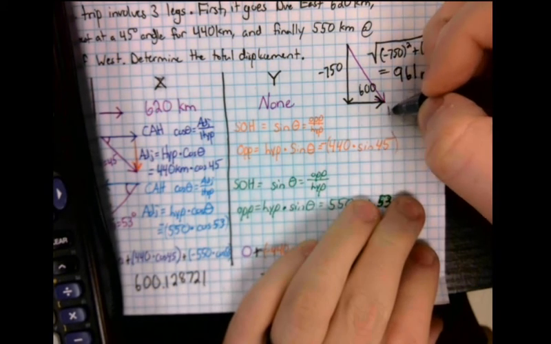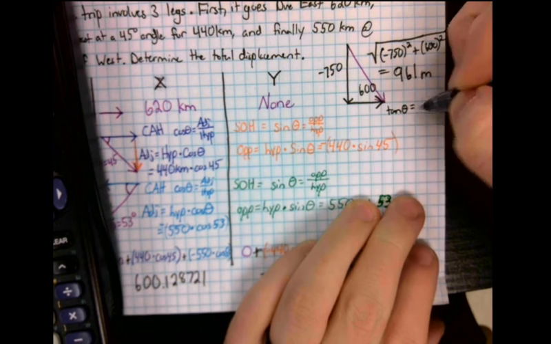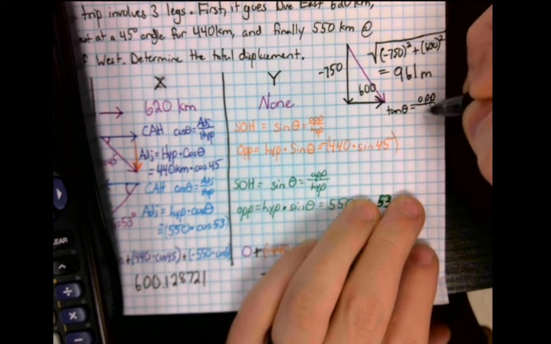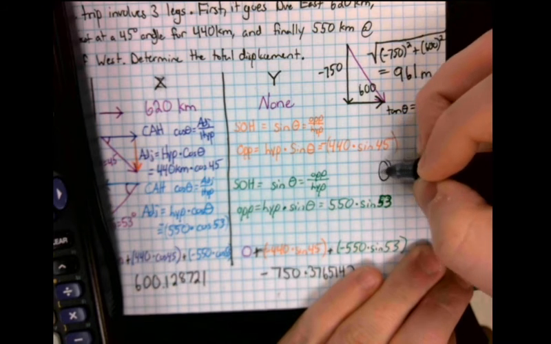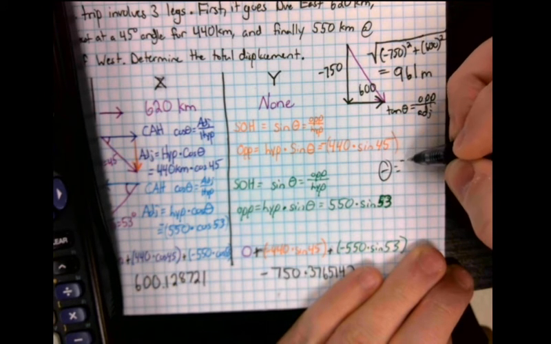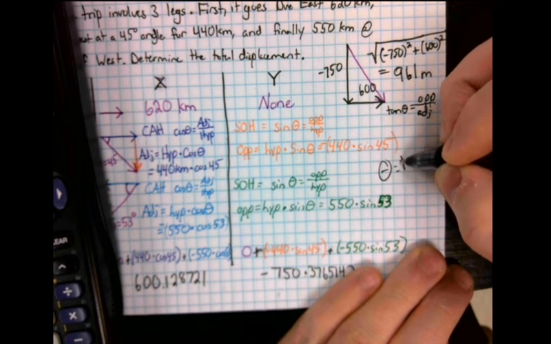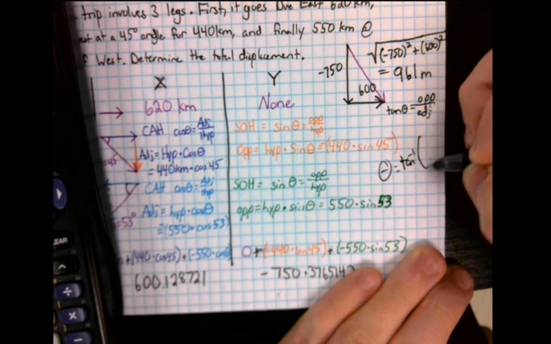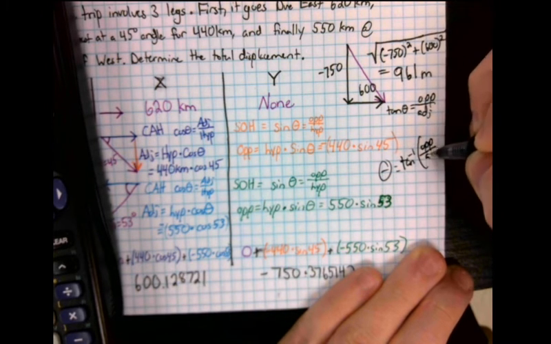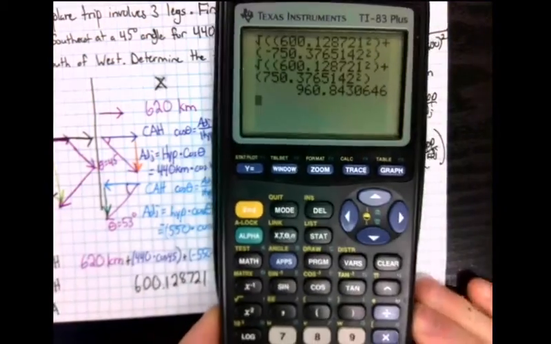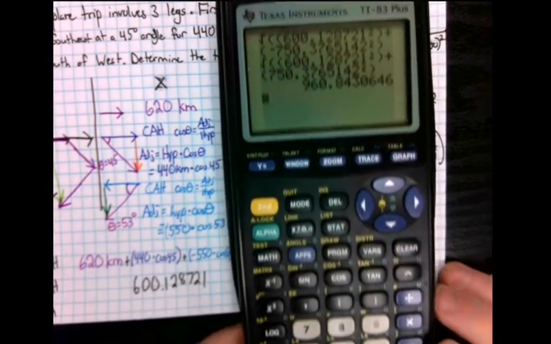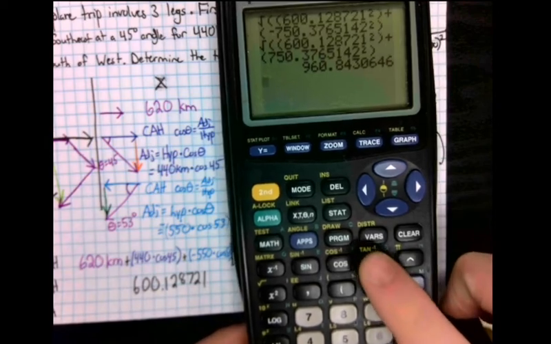But thankfully we have tan theta equals opposite over adjacent. So we can do theta equals inverse tangent, tan to the -1 of opposite over adjacent. Just to show you what that looks like really quick, inverse tangent is the function above tangent if you press second.